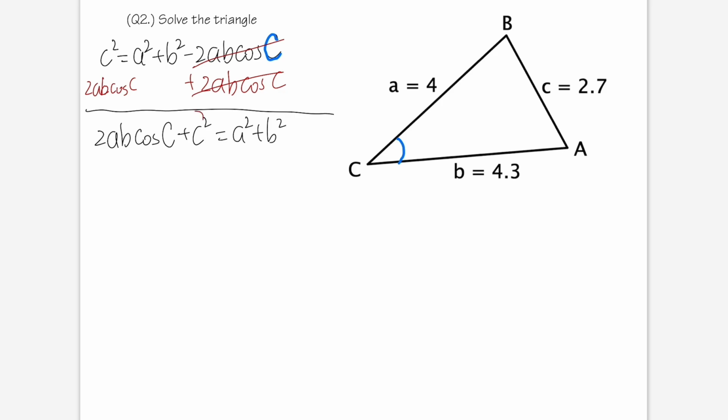Then we can just subtract the c squared on both sides, so we get 2ab cosine C equals a squared plus b squared minus c squared.